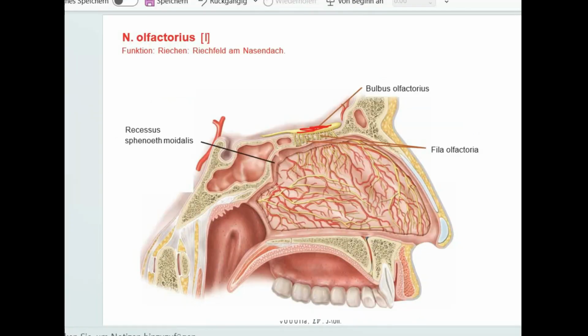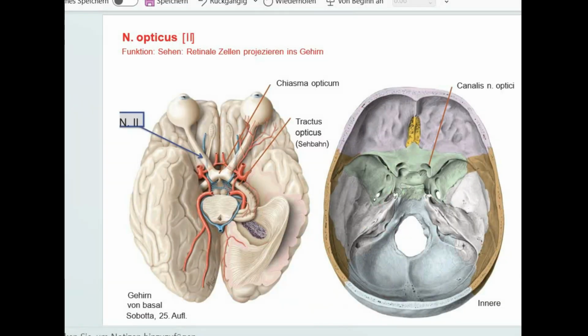The function of smell is here, in the olfactory field of the nose's roof. The optic nerve passes through the optic canal. It is a part of the ala minor.